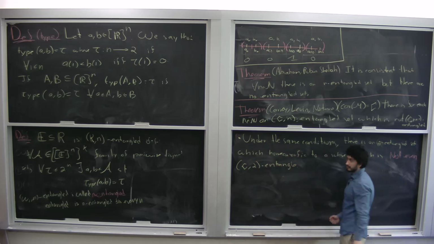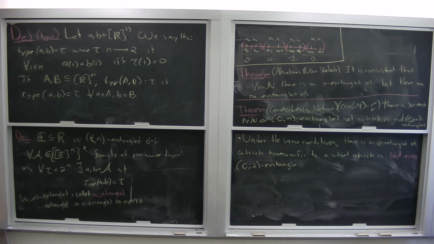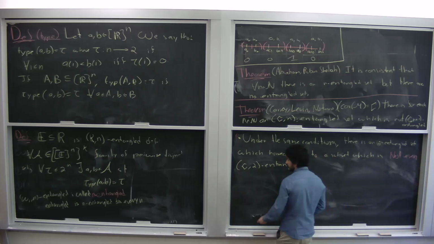So entangledness is not a topological property in the case of C n-entangled sets. Of course, their theorem is in particular true, for example, under CH, in which what they conclude is that there is just an entangled set with those properties, right?